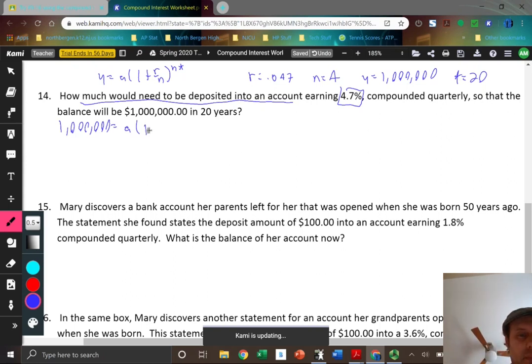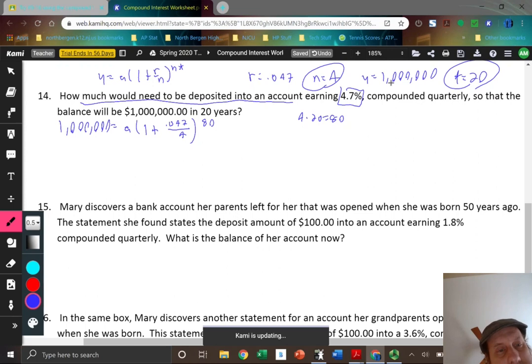Times 1 plus r, which is 0.047, over n, which is 4, to the nt power. n is 4 and t is 20. 4 times 20 gives me 80, so to the 80th power. All right, let's go ahead and simplify.